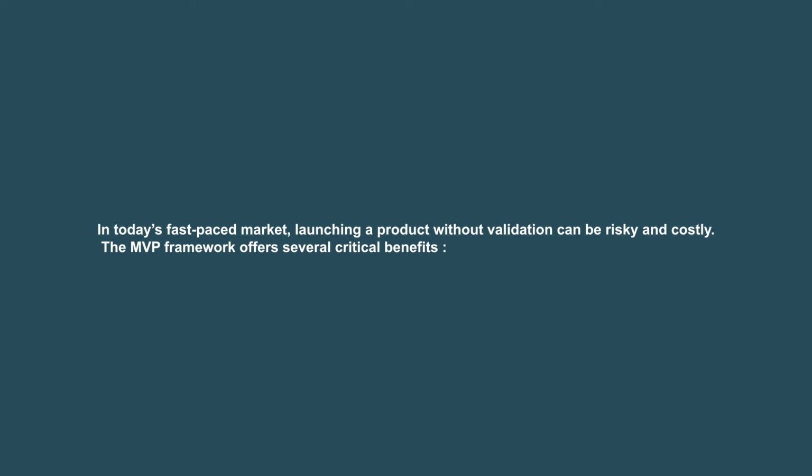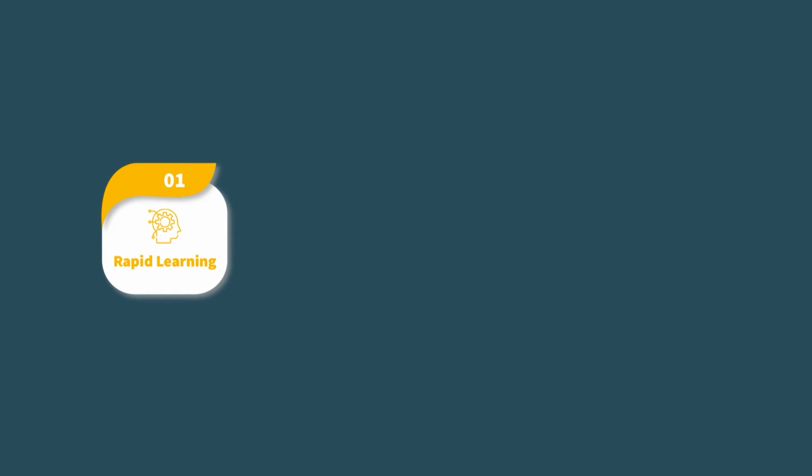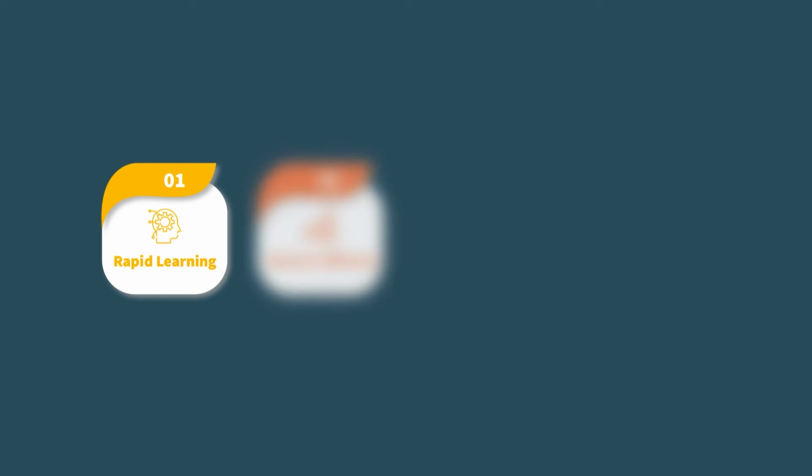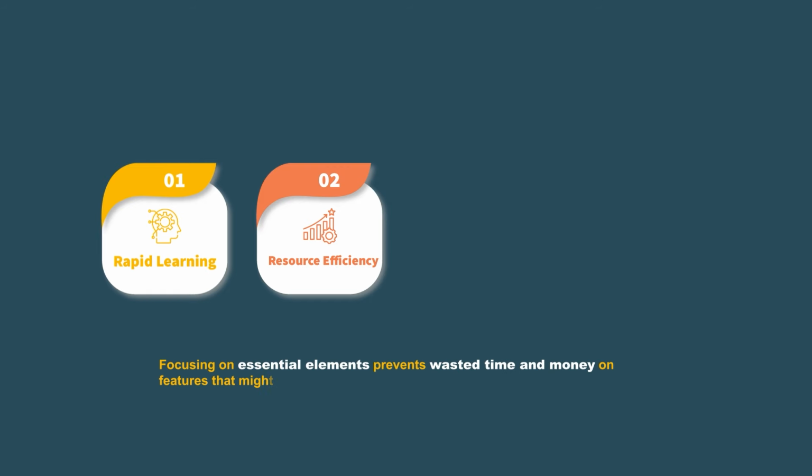The MVP framework offers several critical benefits. Rapid learning. By releasing a product with only core features, you can quickly understand what resonates with your target audience and identify necessary improvements. Resource efficiency. Focusing on essential elements prevents wasted time and money on features that might not be valuable to your users.